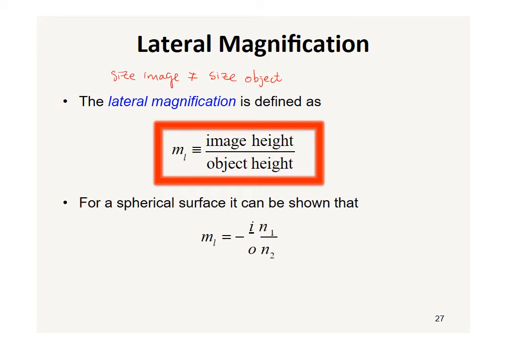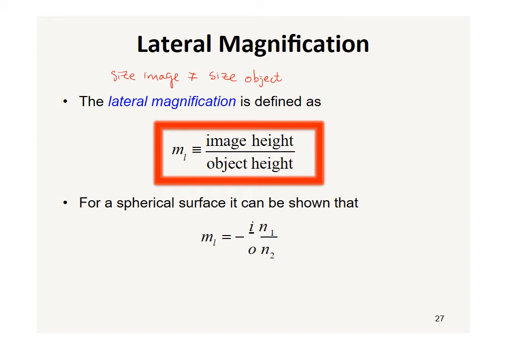However, the image that your lensing system in your eye is forming on your retina has to be obviously smaller, doesn't it? You must have a significant diminishing of the object for it to actually fit on your retina. Okay, so we'll talk about lateral magnification.